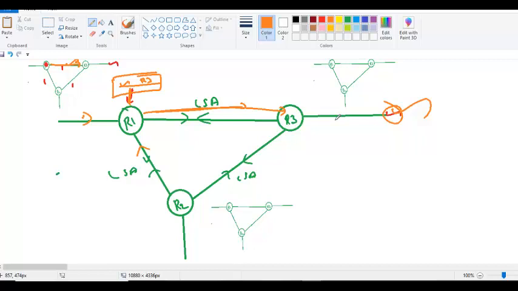So using the SPF algorithm on this database, this router 2 runs the SPF algorithm. For each destination, it finds the shortest path. And only the shortest path will be placed into the routing table.